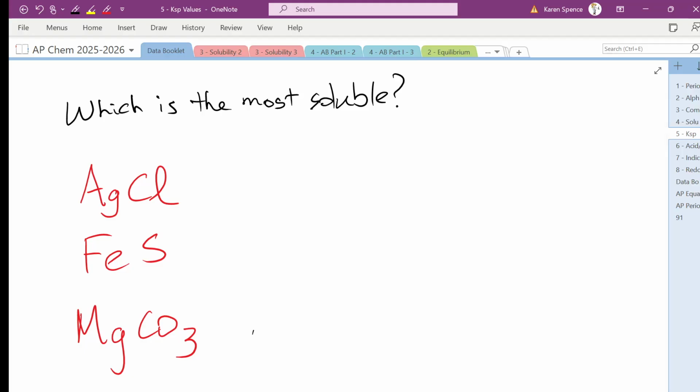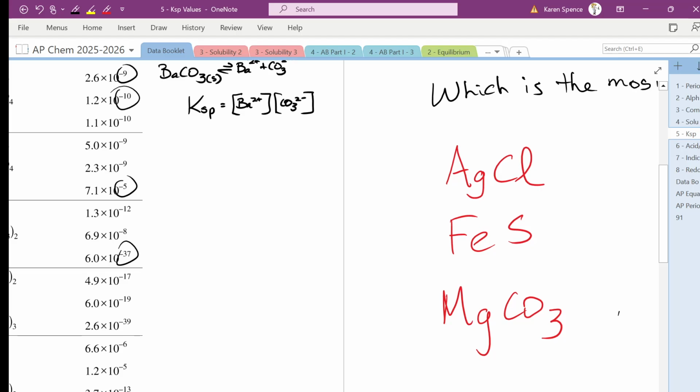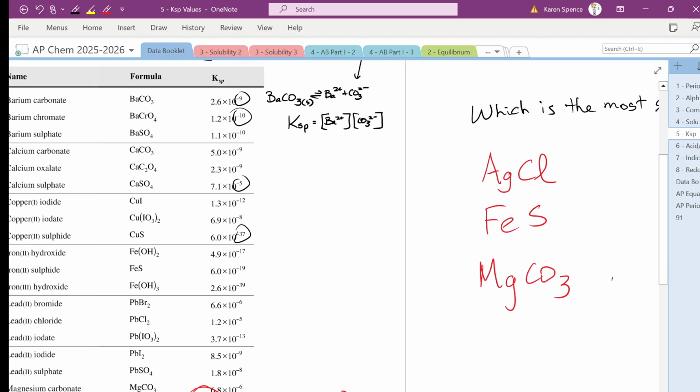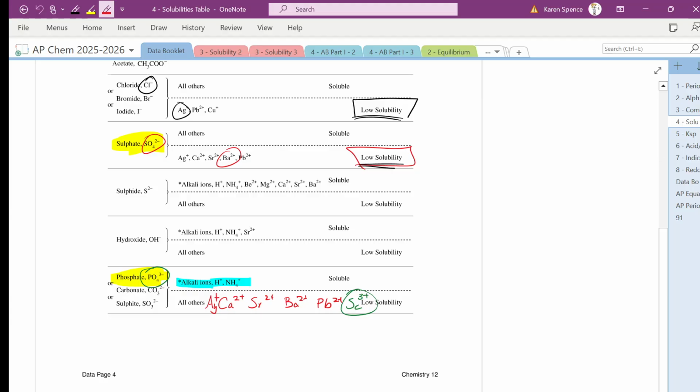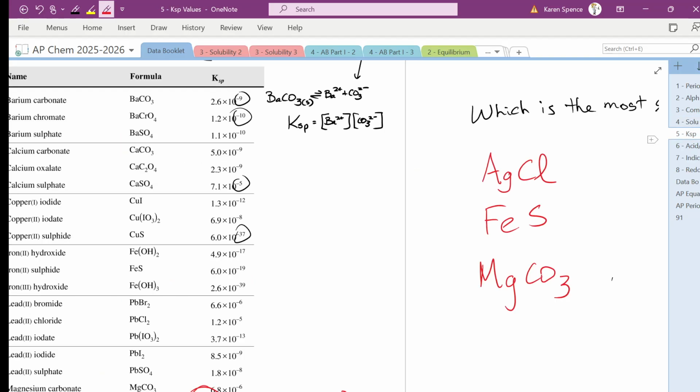Where would you look? Because we go over here and we say, okay, I can't just go here because this does me no good. It just tells me whether things are soluble or not. This table doesn't tell me which low solubility salt is more soluble than the other ones. For those kind of comparisons, we have to go here.